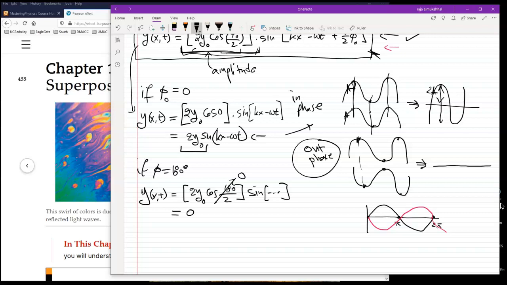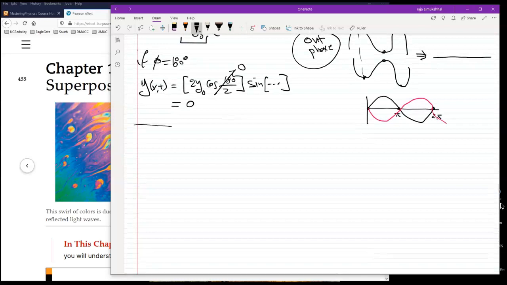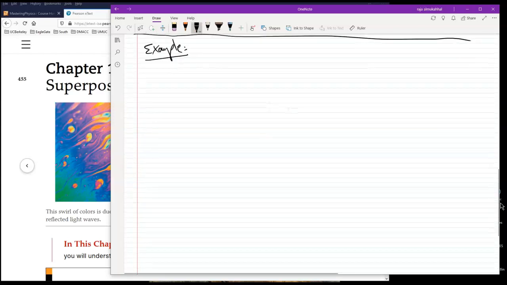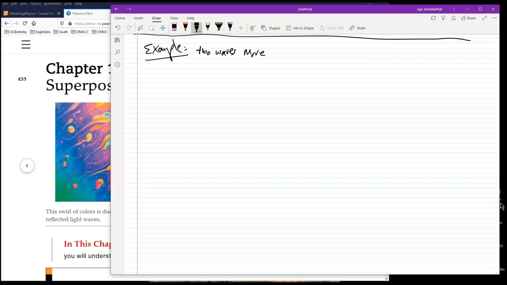Let me give you a numerical example. So here we have two waves moving in the same direction along a string, let's say a guitar string or something like that. Okay, and then they interfere with one another.